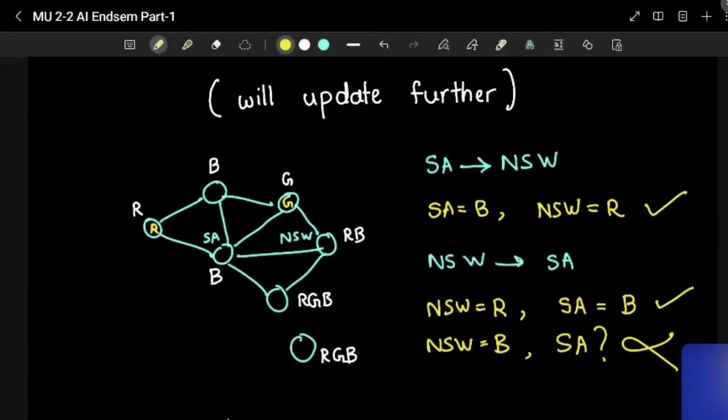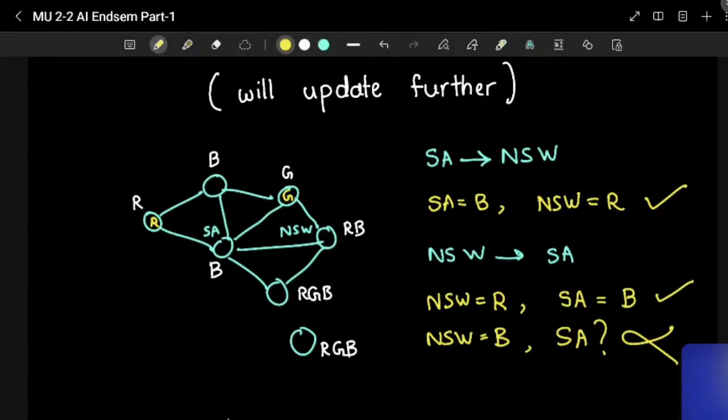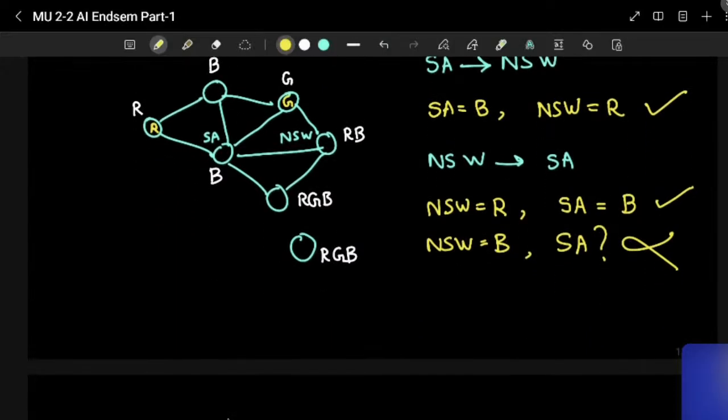And if the arc consistency is failing, then we are supposed to do something. What we are supposed to do is propagate the constraint.